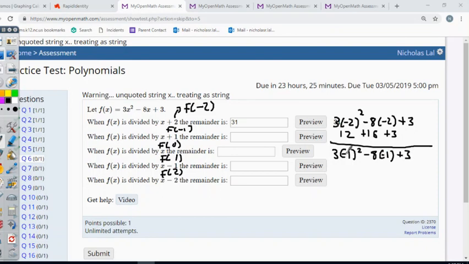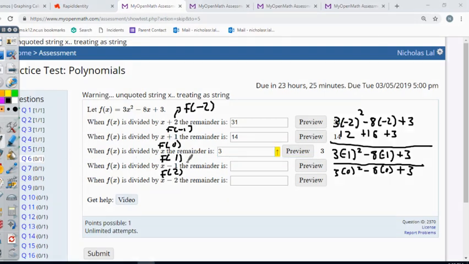Negative 1 squared is 1, 1 times 3 is 3. 3 minus negative 8, that's 3 plus 8, which is 11. 11 plus 3 is 14. So our answer here is 14. When you're evaluating f of 0, you have 3 times 0 squared minus 8 times 0 plus 3. Anything times 0 is 0, so that's 0 minus 0 plus 3. That answer is 3.